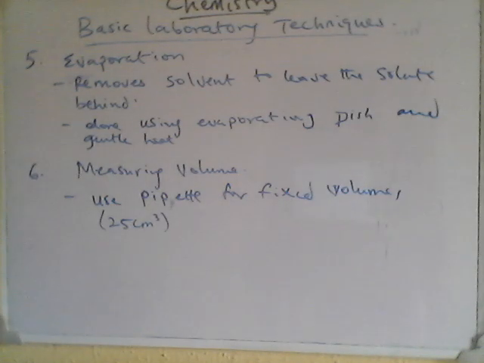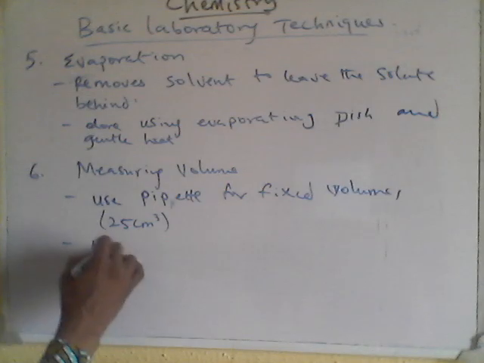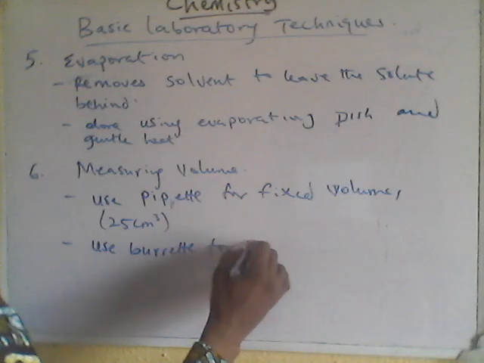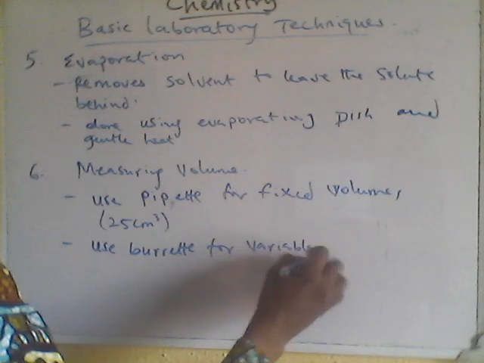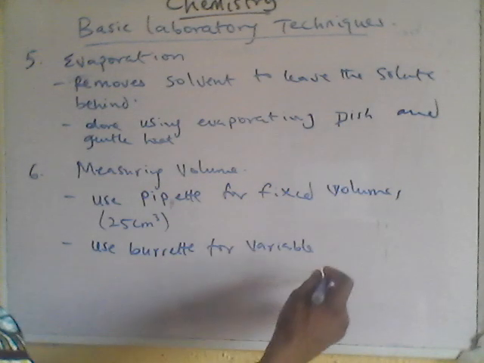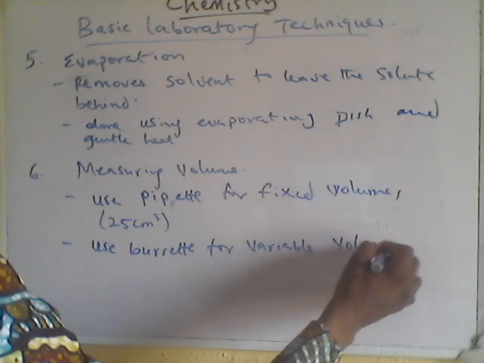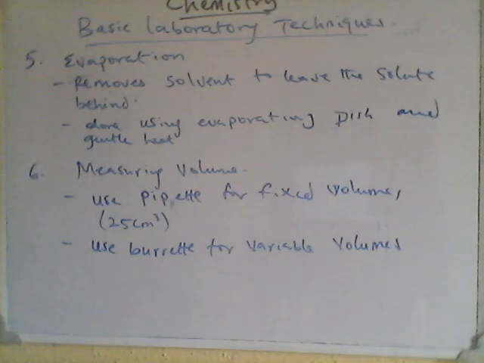Then burette for variable volumes. A burette will enable you to vary the volume of acid that is introduced, or any other substance. Normally burette capacity is 100 cm cube.